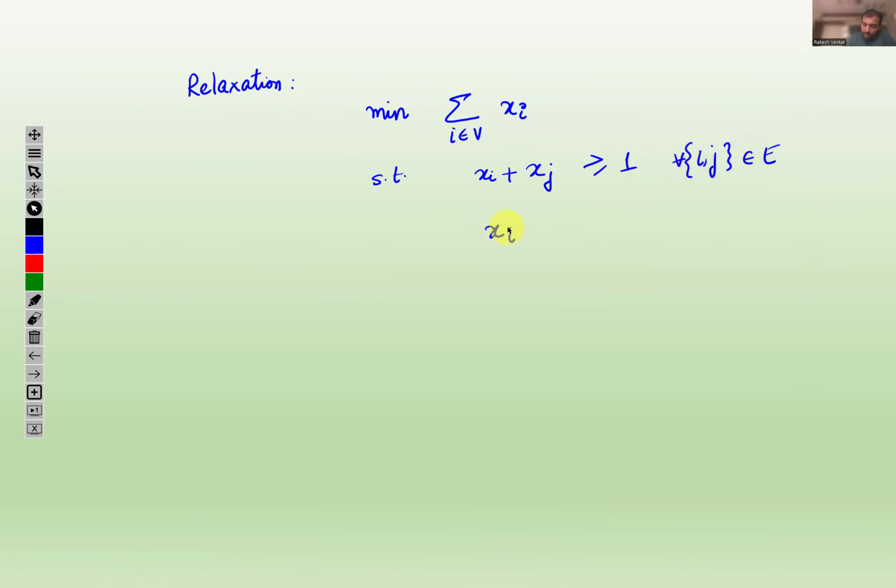But instead of the discrete constraint that xi lies in either 0 or 1, okay, I will make it into a continuous constraint, which then becomes a linear constraint. Right? Now, this is closely related to the previous one, right? Previous optimization. This is also an optimization formulation, okay? However, it's closely related to the previous one.